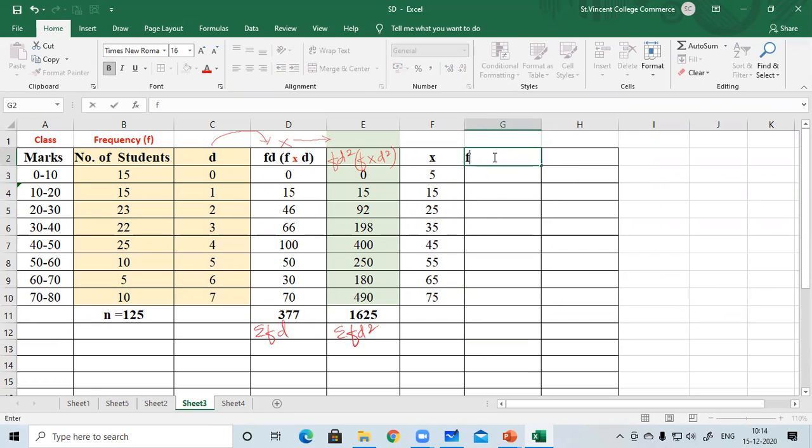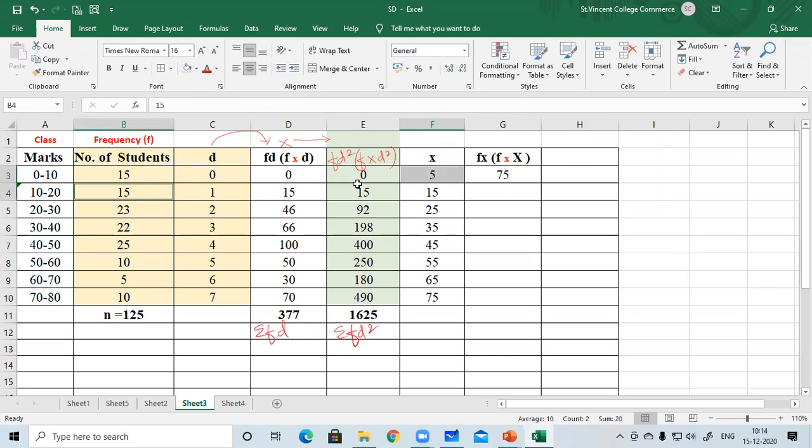The next column you need is fx, which is f into x. Take your frequency column, which is your number of students, and multiply by the midpoint. So 15 into 5, 15 into 15, 23 into 25, and so on.